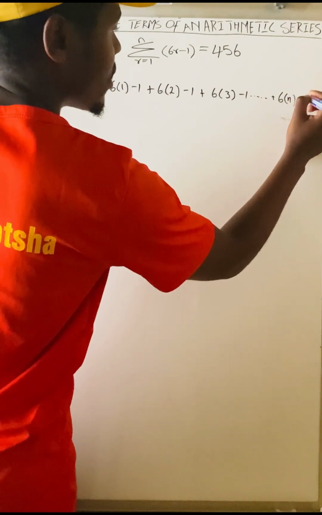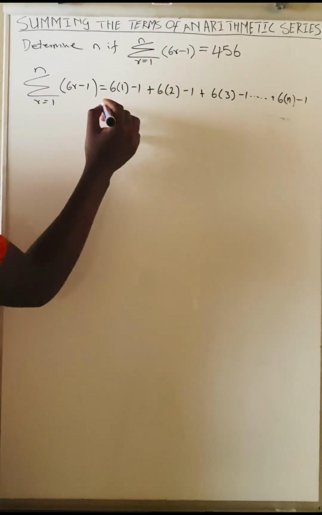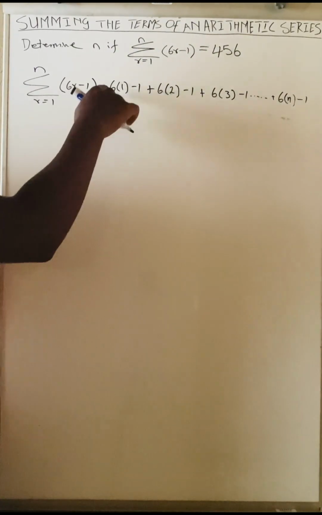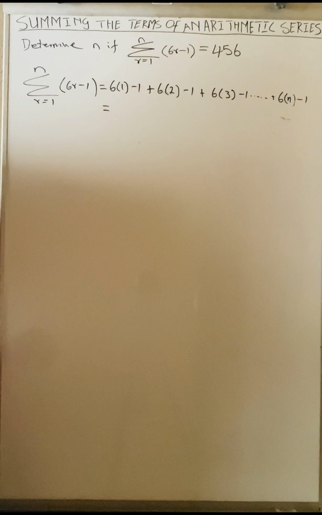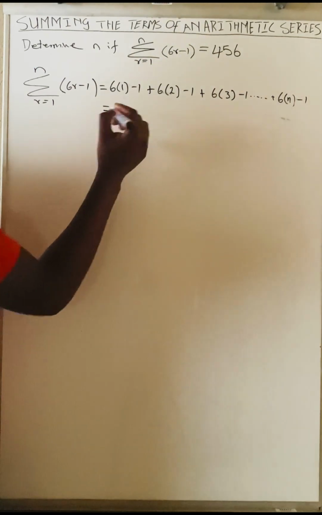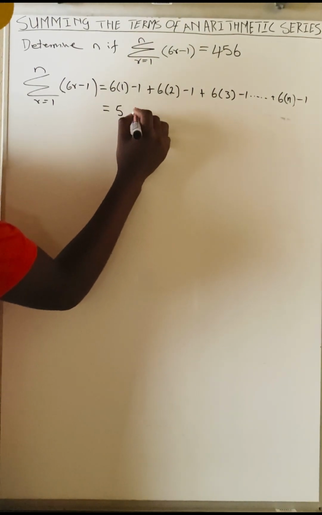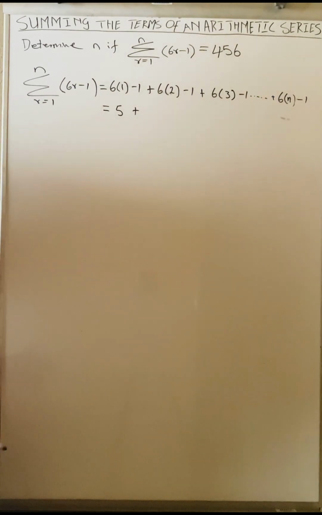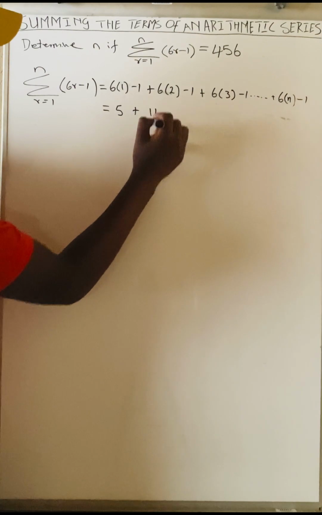From here, 6 multiplied by 1 is 6, minus 1 is 5. Do the same with the next one, and you will get 11.